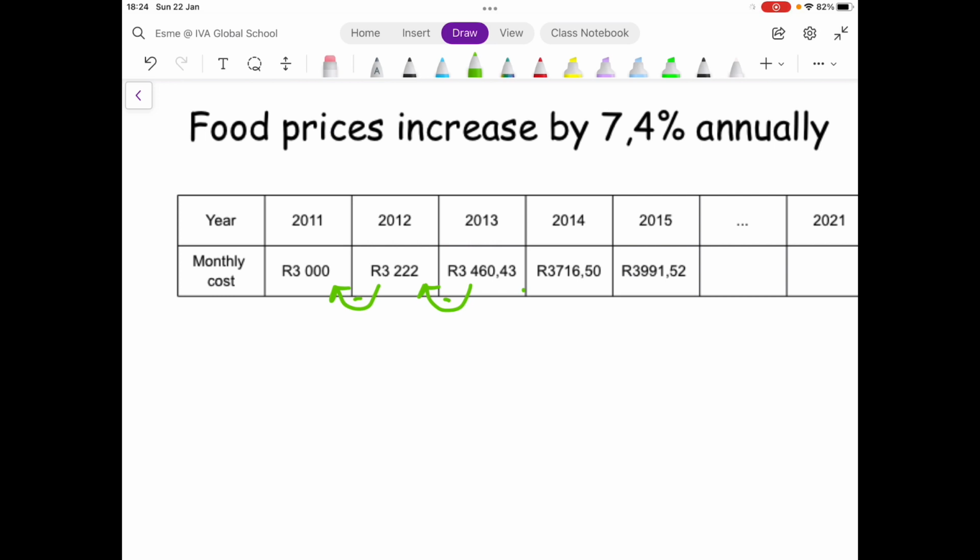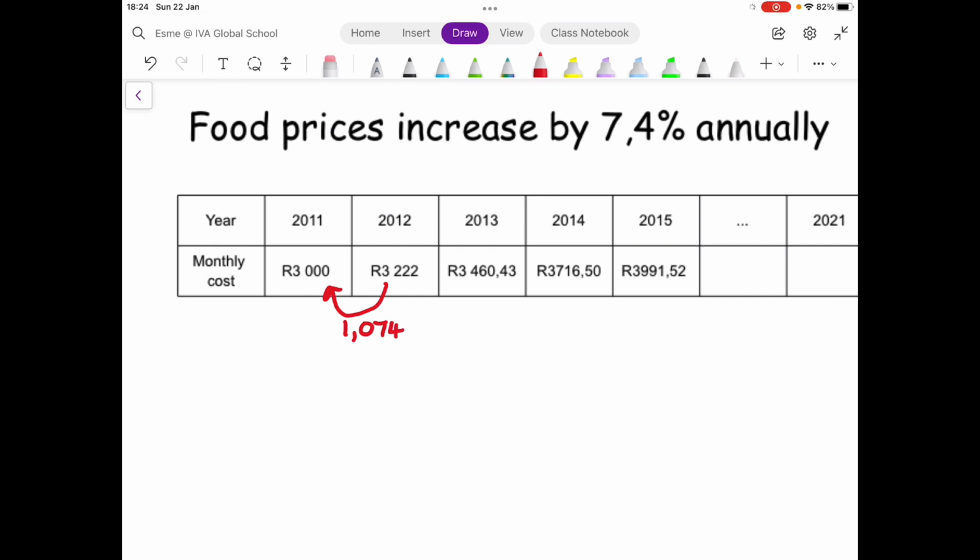We've also decided that it is not a constant product because I can't multiply a year by food price. So the third alternative is to check for a constant ratio. Now your constant ratio says that divided by that. So if I say 3,222 divided by 3,000 equals, I'll get 1.074.